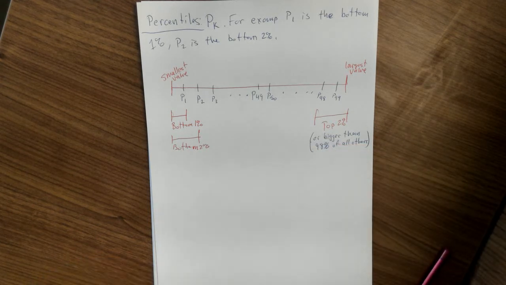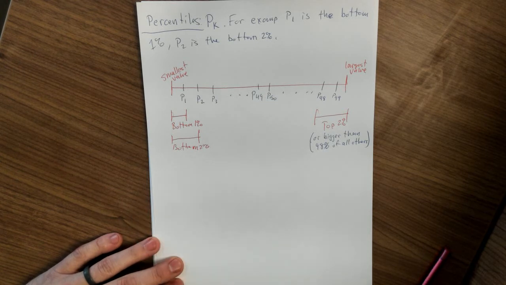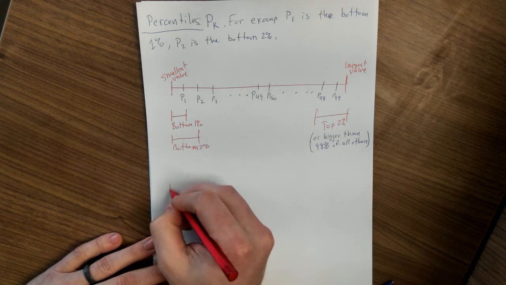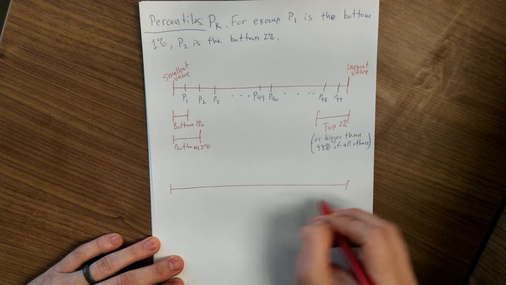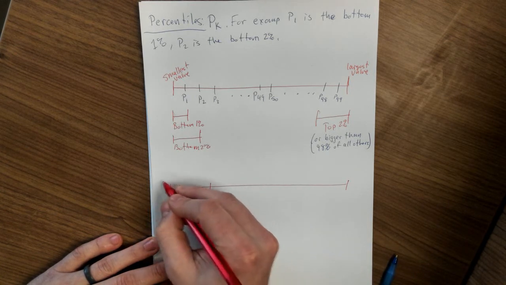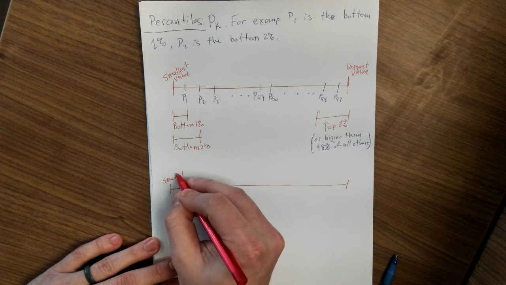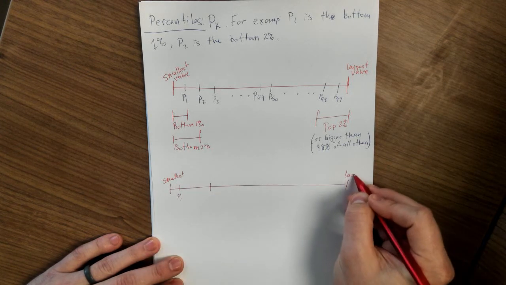Now, percentiles are good to know and have an understanding of exactly what they mean, but what we'll be mostly focusing on are quartiles. So let's start again with another number line, just like I did here. And this time I'm going to put, so you'd have P1 here, and this is your smallest value again, and largest over here.